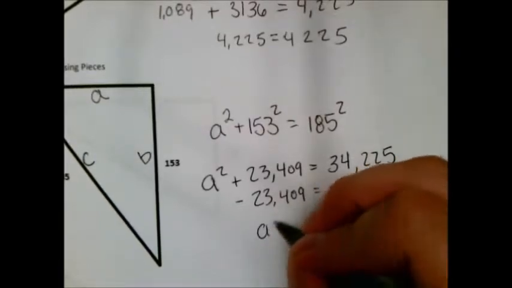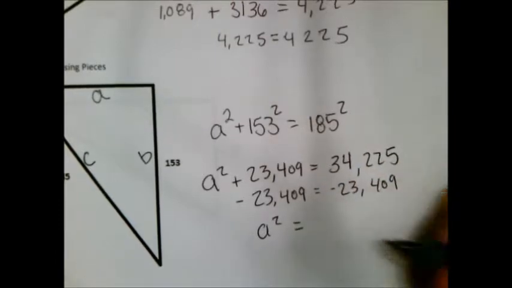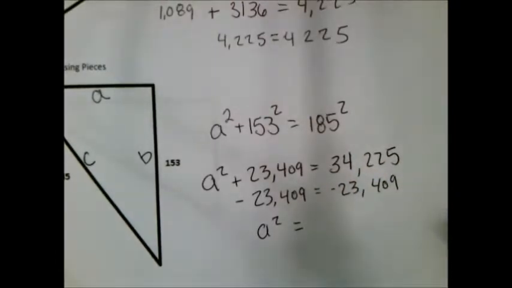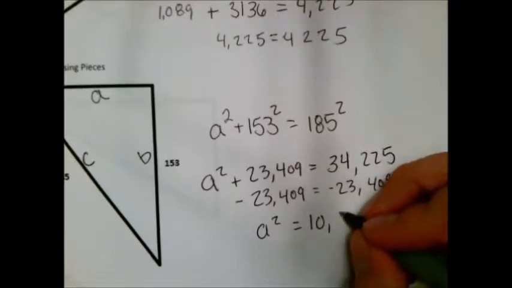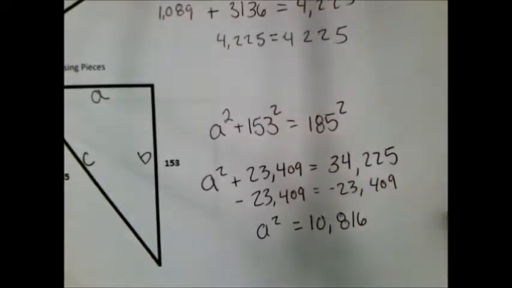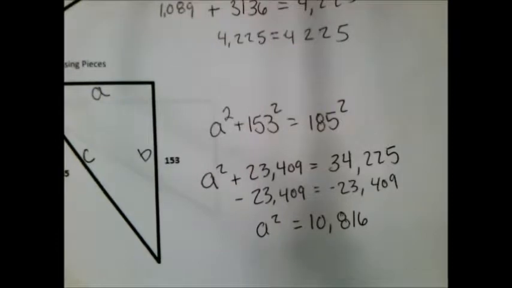So we should get A squared equals 10,816. Okay, so we have A squared equals 10,816.